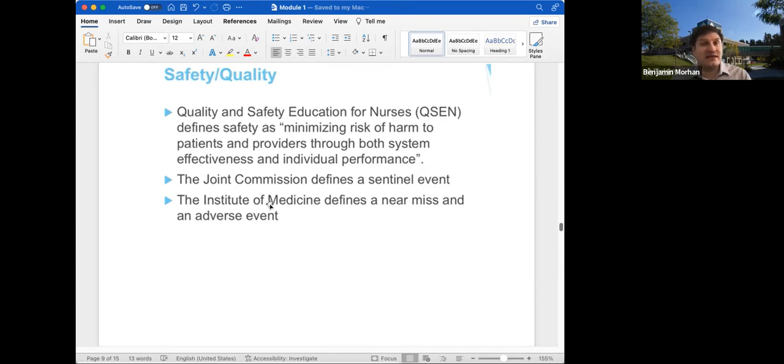It's an event that leads to either some physical harm, you lost a limb, some type of psychosocial stress or effect, and death, if it leads to death. That is described as a sentinel event, and it requires immediate investigation.